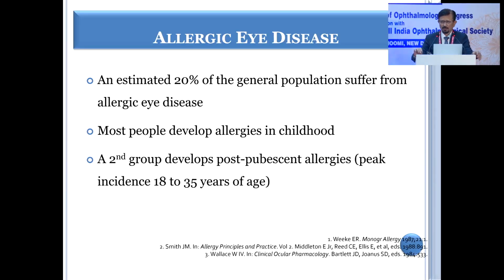As was very nicely mentioned by Dr. Rishi and Dr. Ikeda, nearly 20% of the general population suffers from allergic eye disease, and most people develop allergies in childhood. As was discussed just now about VKCs and allergic eye disease, a large majority is seen in children, but there is a certain group of patients who have systemic allergies as well, and they have allergic eye disease even in adulthood.